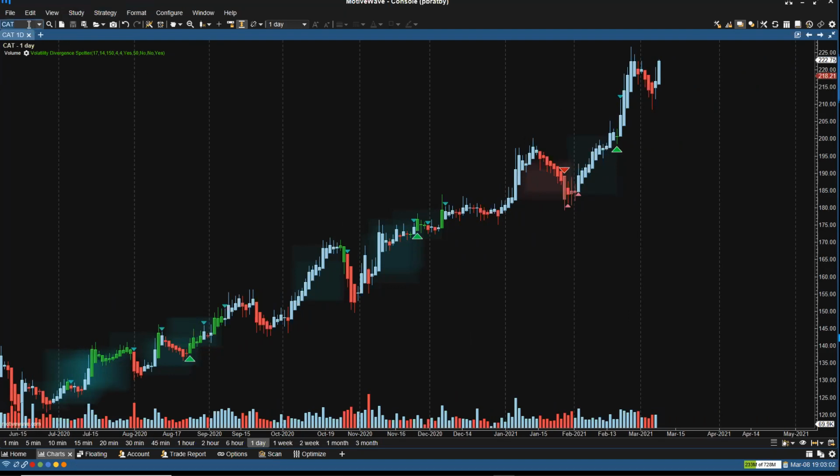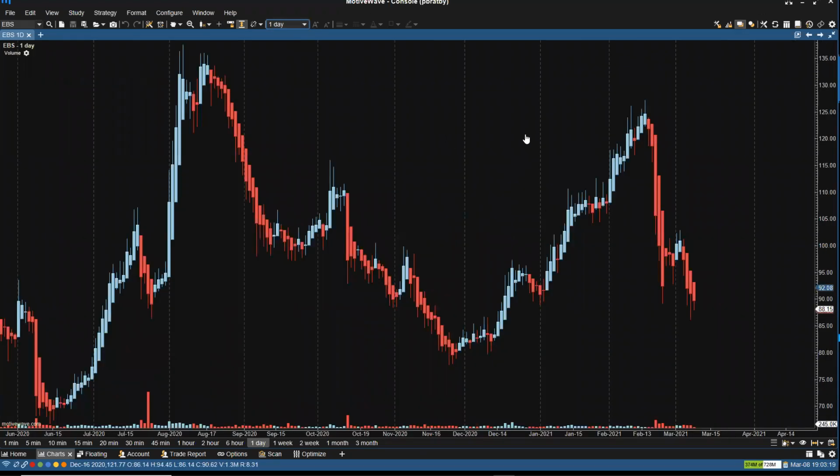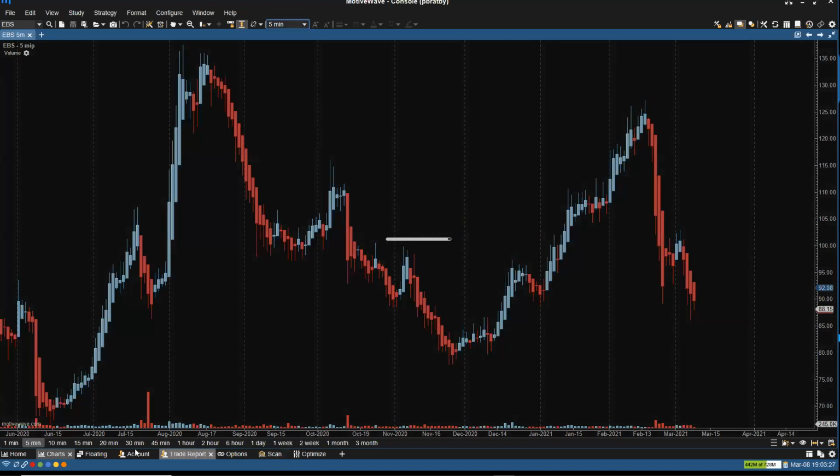When you look at obviously ES, and you go for a 5-minute time frame, it's taking time to go. Why is that not working on here? It's because we're on... Did I change charts?